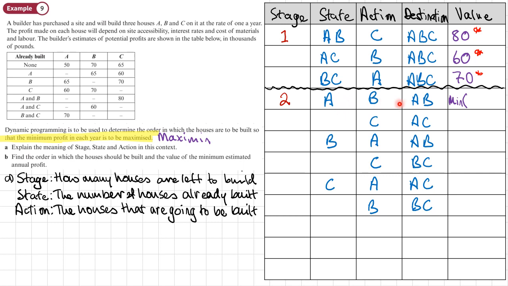So AB, that will be a value of 65, since A has already been built and I'm going to be building house B, so that's 65.